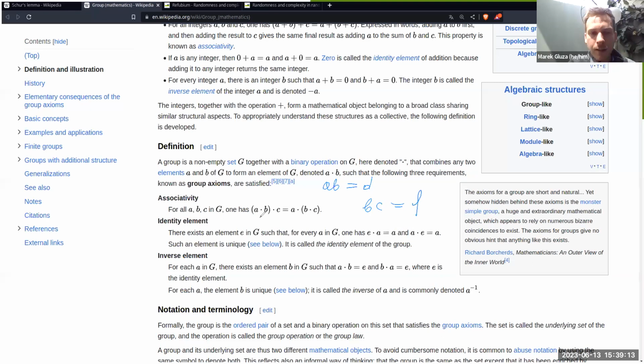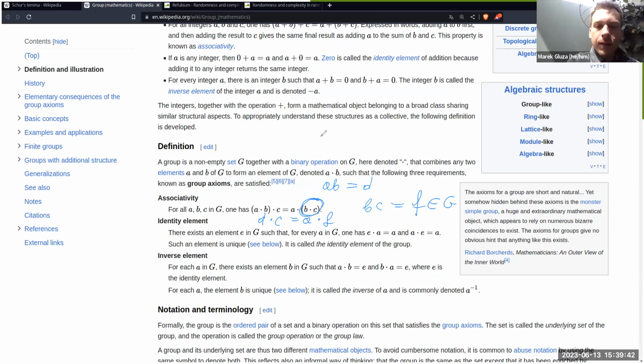Which means that here I will have D times C is equal to A times F, yeah? And it just means that you can combine those elements together in an order that you wish, but when you are combining them, you again get something from the group, from the set G, okay? So a group is a set with an operation where the operation doesn't mess it up, okay?